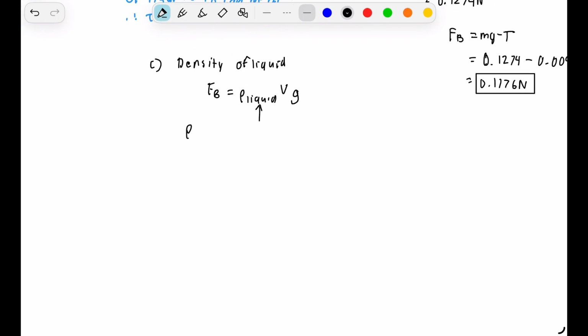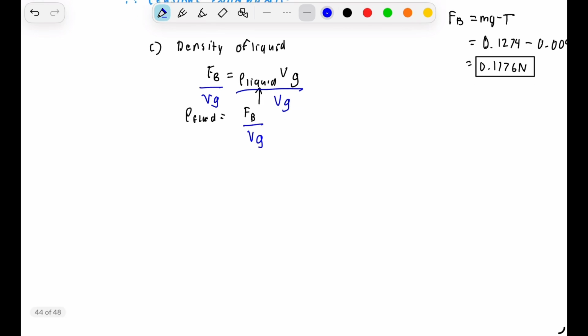We can divide both sides by volume and g, and then the density of the liquid is equal to the buoyant force over the volume times gravity.